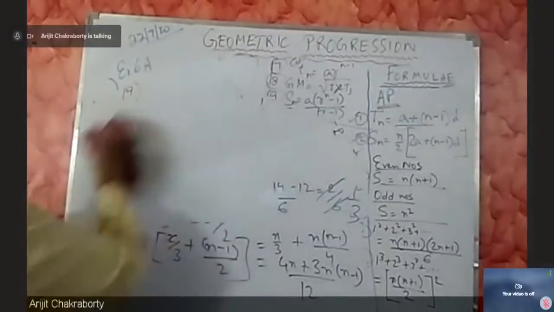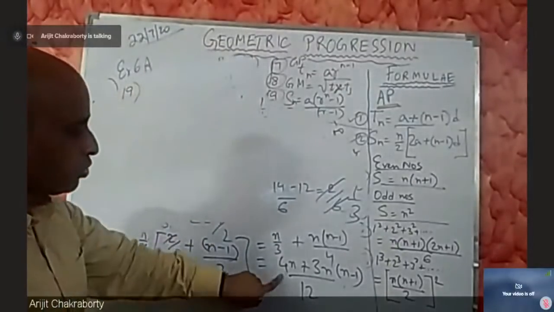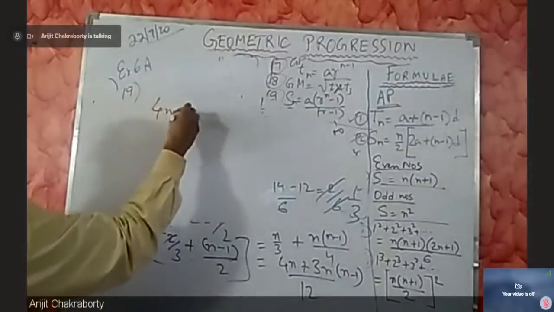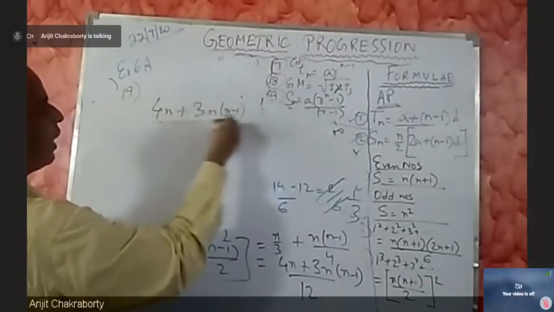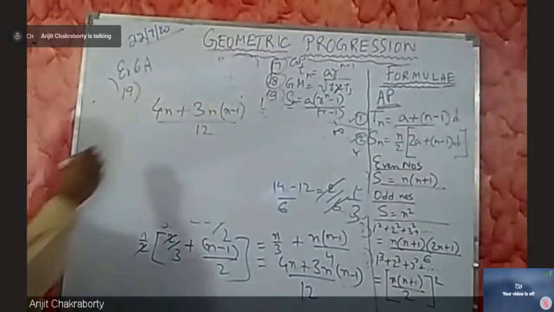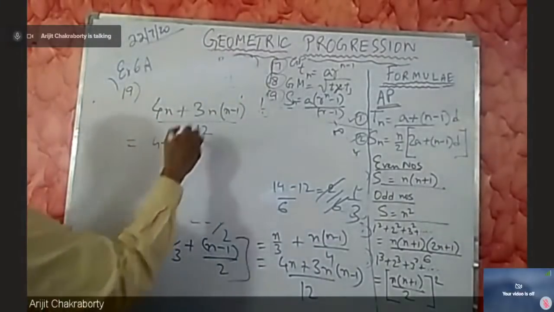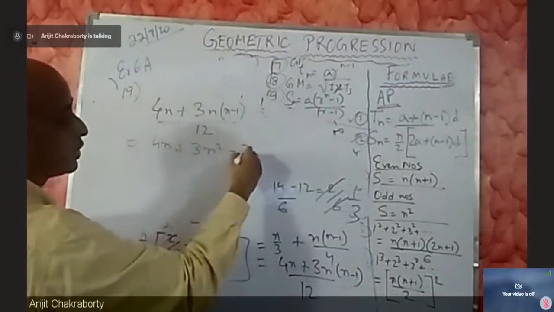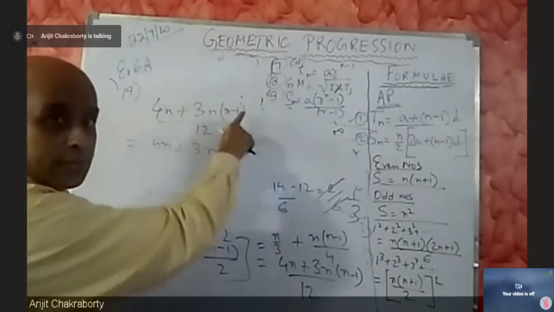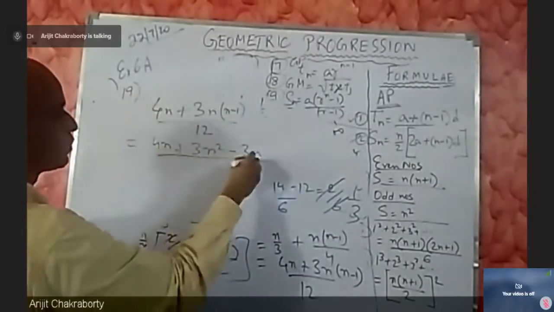So number 19, the final expression comes to 4n plus 3n into n minus 1 by 12. This is equal to 4n plus 3n square, 3n into n is 3n square, minus 3n, 3n into minus 1 is minus 3n, by 12.